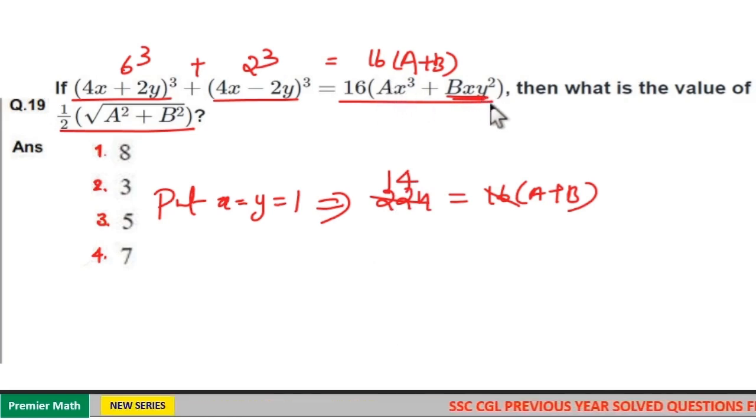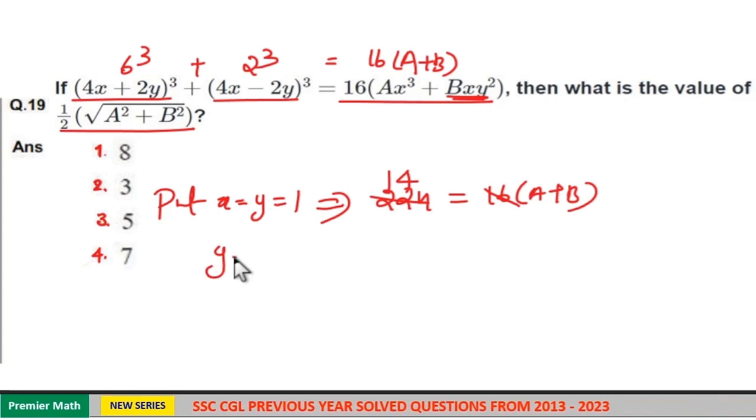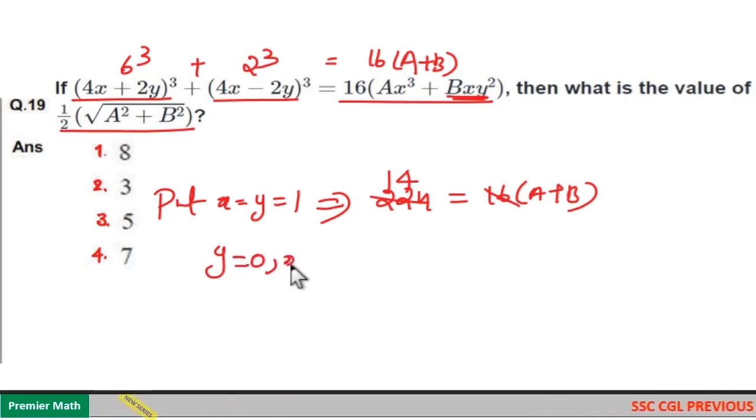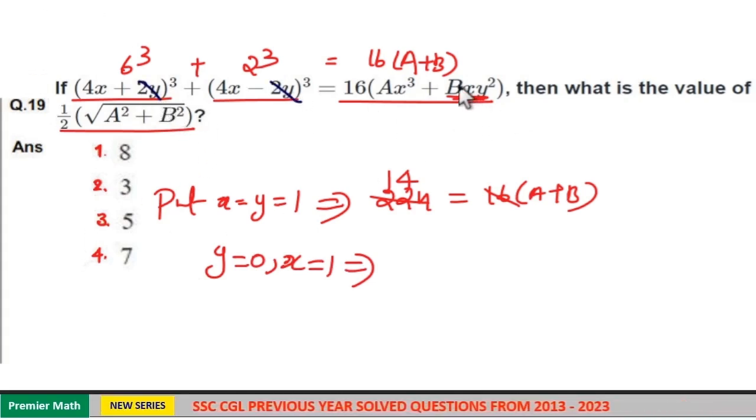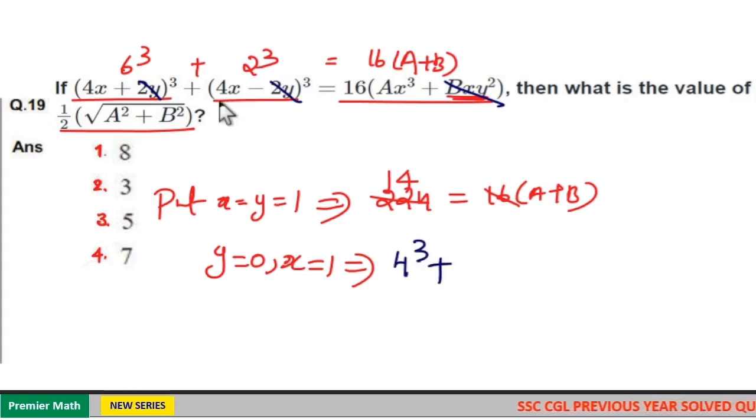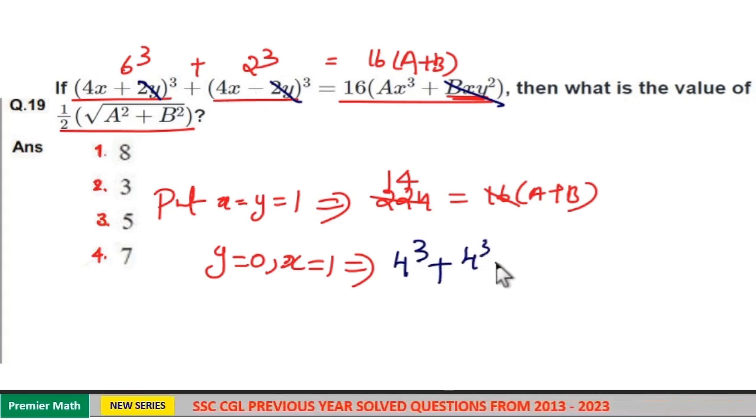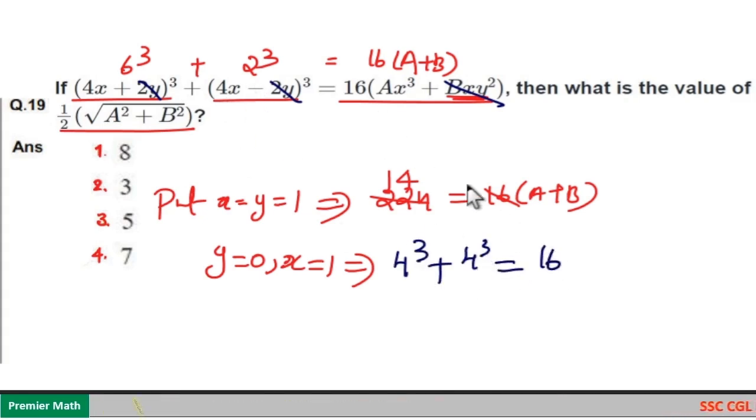So if I put y as 0 and x as 1, then the equation will become, here y as 0 means this will cancel and this will cancel. Now remaining is 4 cube plus here also 4 cube, which is equal to 16a.